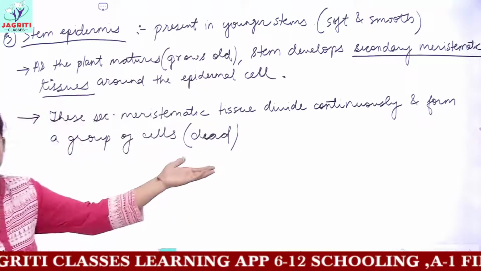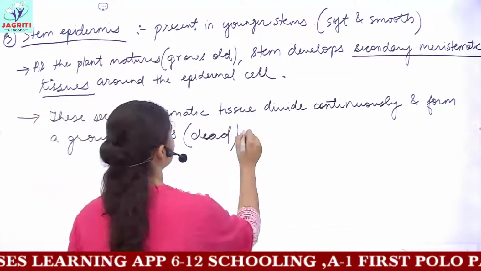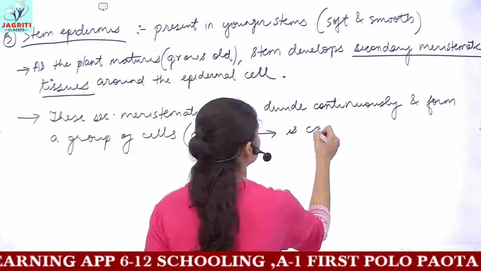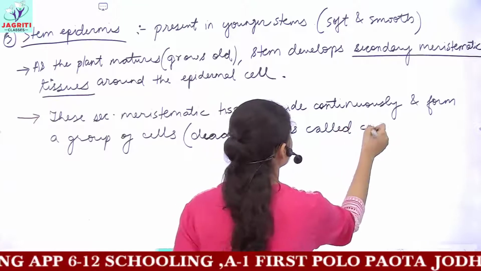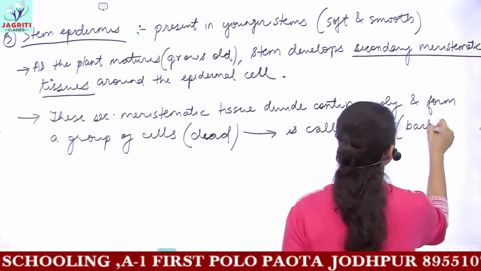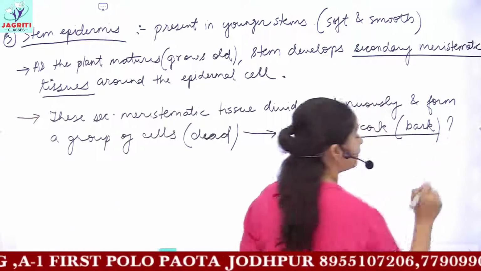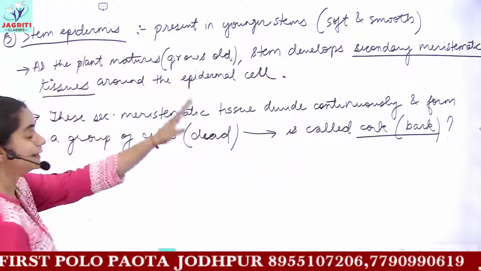And this group of dead cells formed from secondary meristematic tissues is called cork, or you can also call it bark in general terms. So if you get a question, what do you mean by cork or bark? Then you can explain it as a whole.